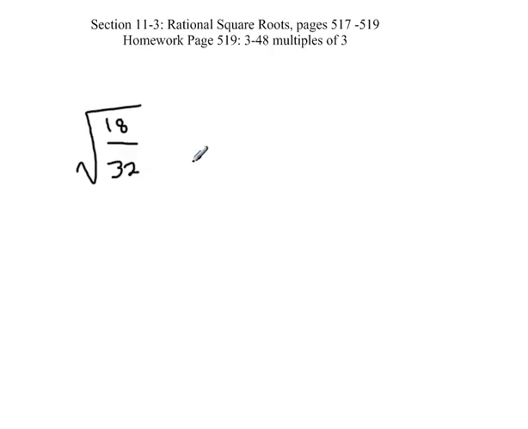What you can do on this is simplify it just as a regular fraction. Since 18 and 32 are both even, you know they can be reduced by 2. So you can reduce that down to 9 over 16. Then take that to the square root of 9, which is 3, and the square root of 16, which is 4. And you're at your answer. Remember, you're no longer under the square root sign. You've actually pulled it out when you did that operation. So don't put square root signs in your answer.